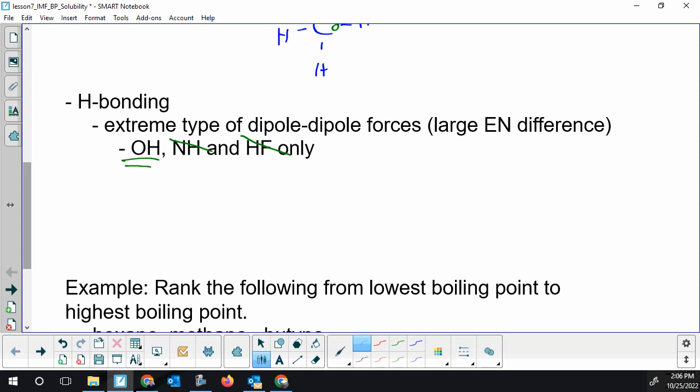So the simplest alcohol I could draw would be methanol. That has all three of the forces. It has London dispersion forces, it's polar, and it's got that extreme polar bond, the O to the H. We also have it in methanoic acid.